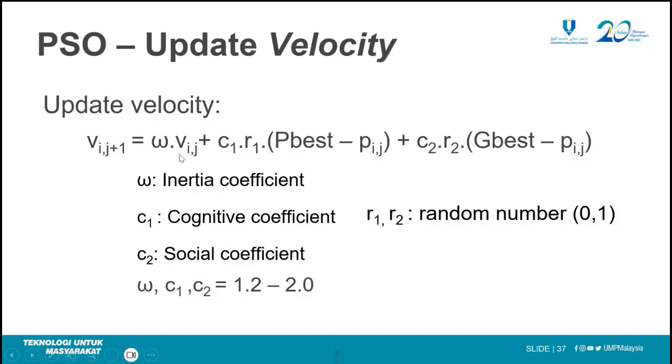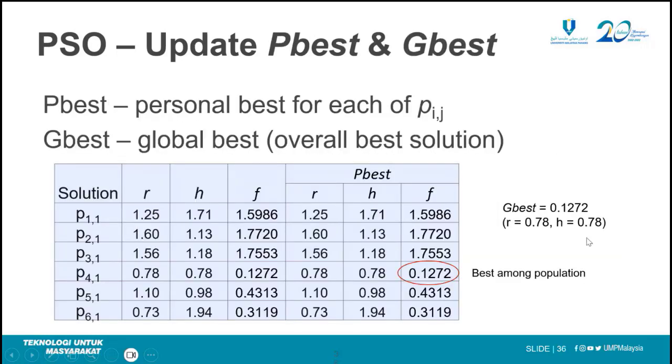Vij is the original velocity. C1, C2 are the coefficients. Then R1, R2 are random numbers between 0 and 1. P best again is the personal best, and G best is the global best solution.